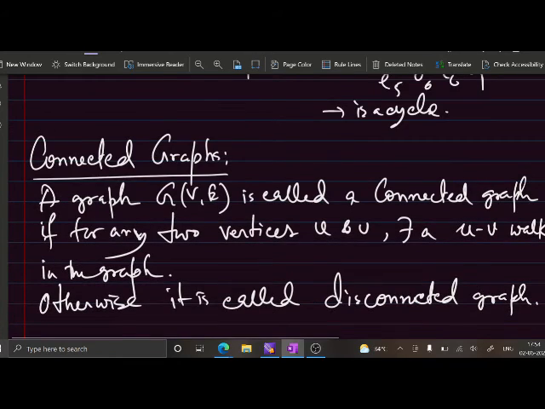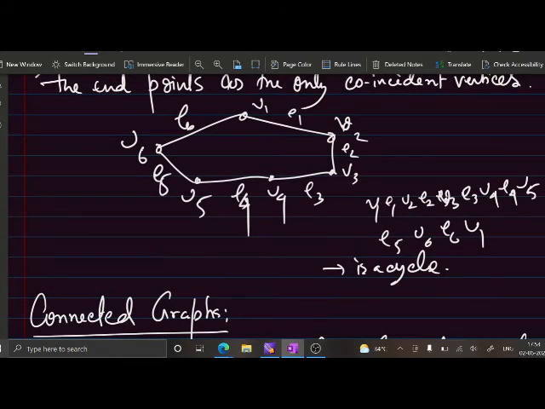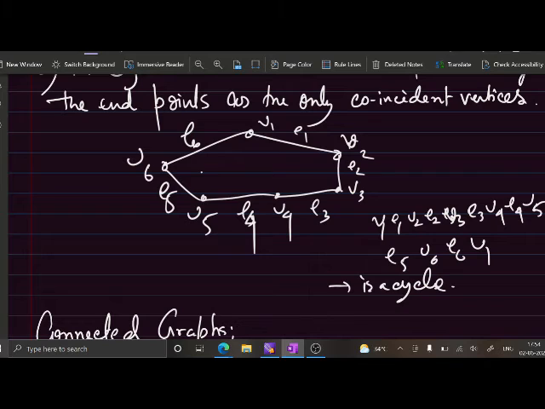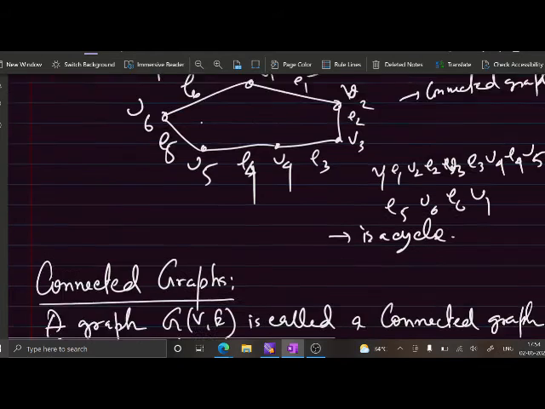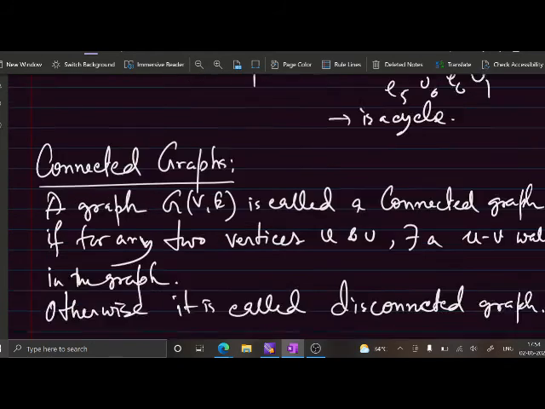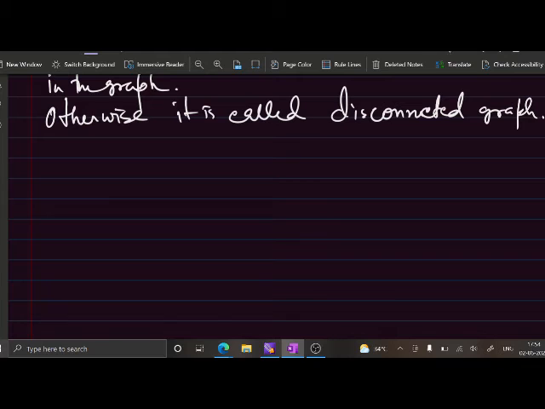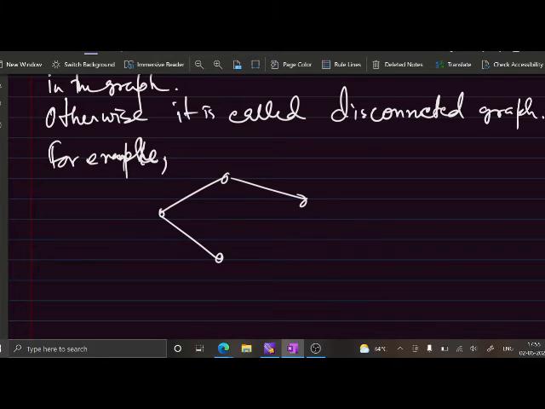If you look at this graph which has been pictured above, this is a connected graph, right? If you take any two vertices, then they are connected through some u-v walk. And you can also draw some other graphs of your own. So these are connected graphs.